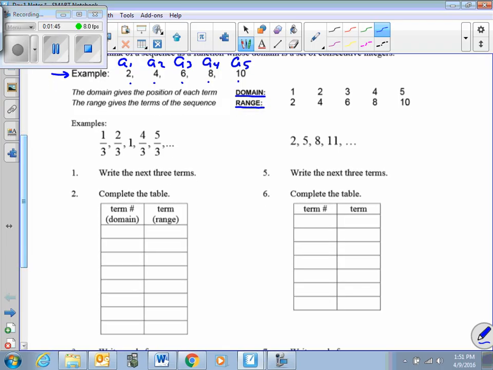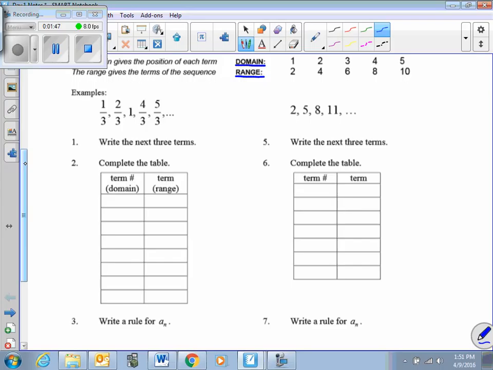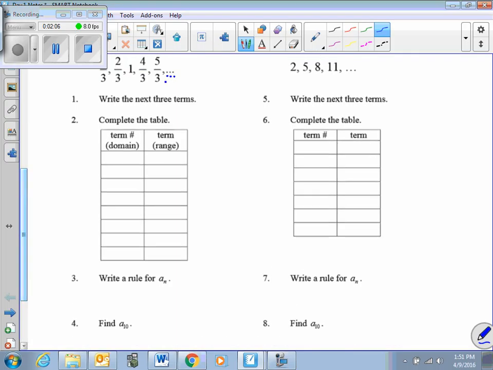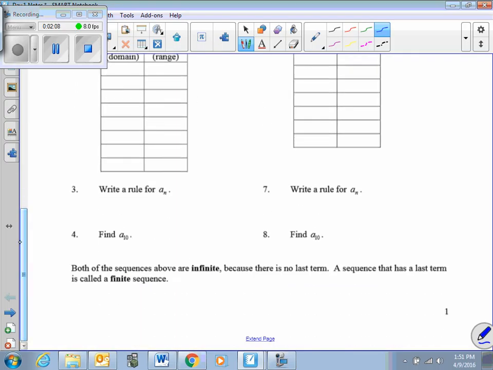Let's look at some examples of sequences. We have this sequence 1/3, 2/3, 1, and so on, with the 3 dots here. What does it mean when we have this? It just means our sequence goes on and on forever. Both of the sequences above go on and on forever, which means they are infinite.